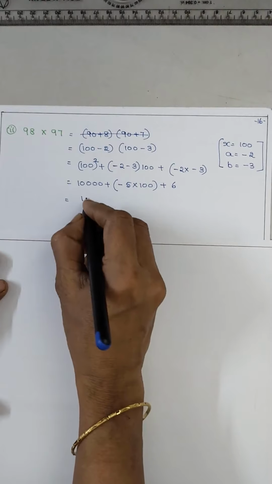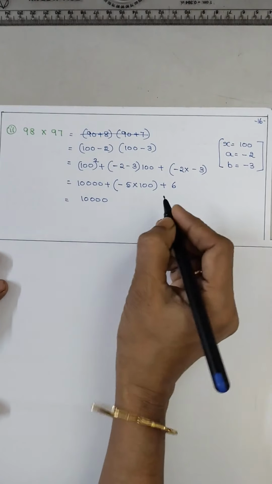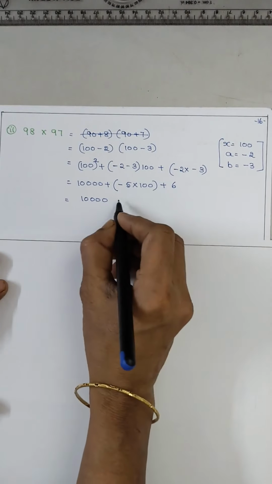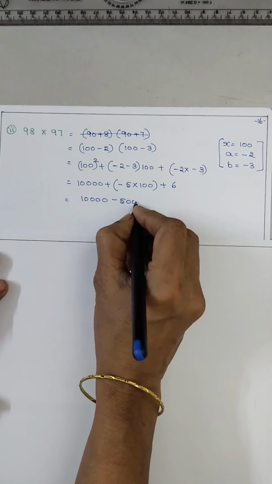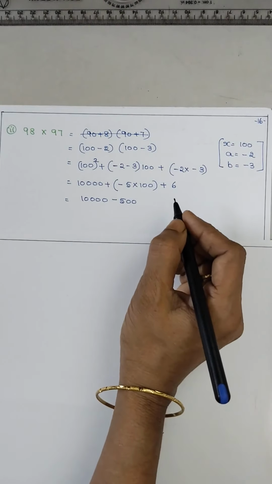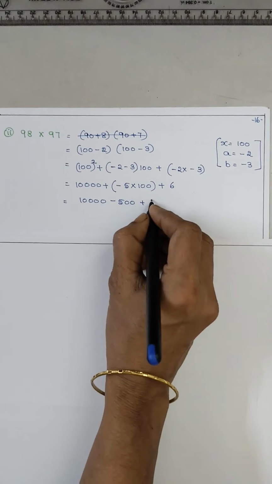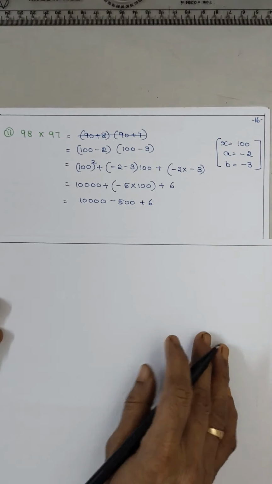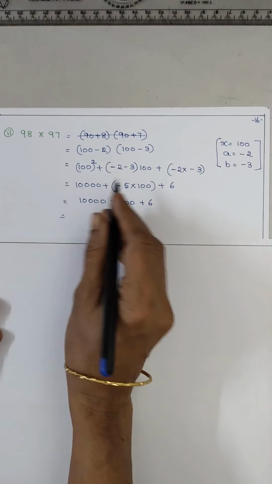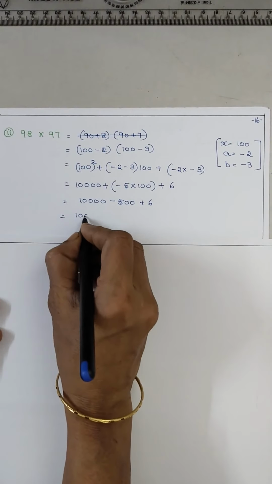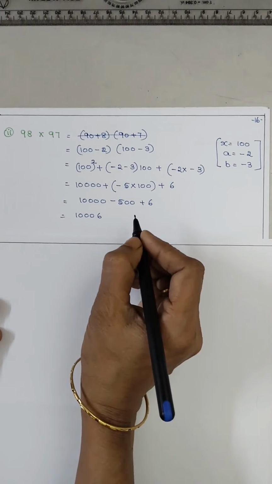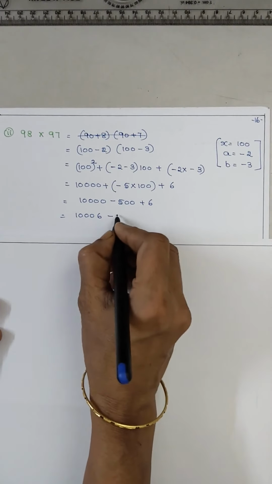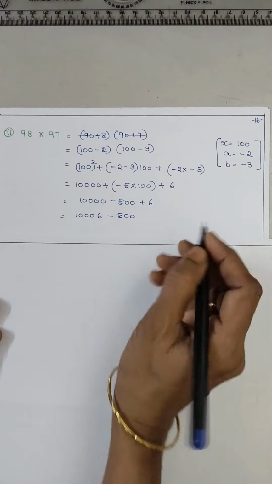Now 10,000, sign is minus, different signs. So 5 100s are 500, plus 6. Now 10,000 plus 6, it is 10,006 minus 500.